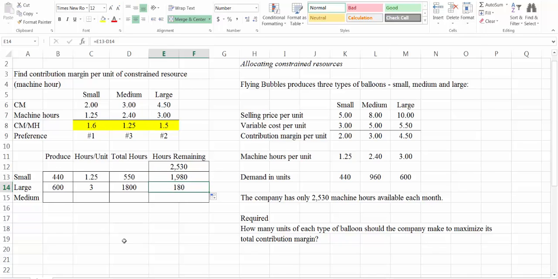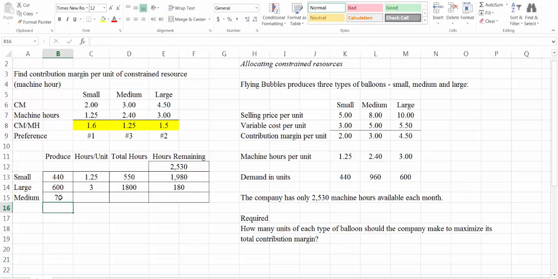We don't have enough hours to make all of the medium balloons that we have demand for. So how many medium balloons can we make with 180 hours? Actually, we're going to back into this number, because every medium balloon uses 2.4 hours. So the number of medium balloons we can make is equal to the 180 remaining hours divided by 2.4 hours per unit.